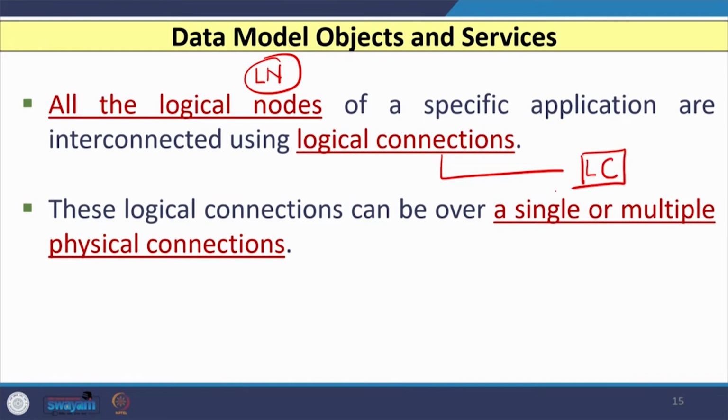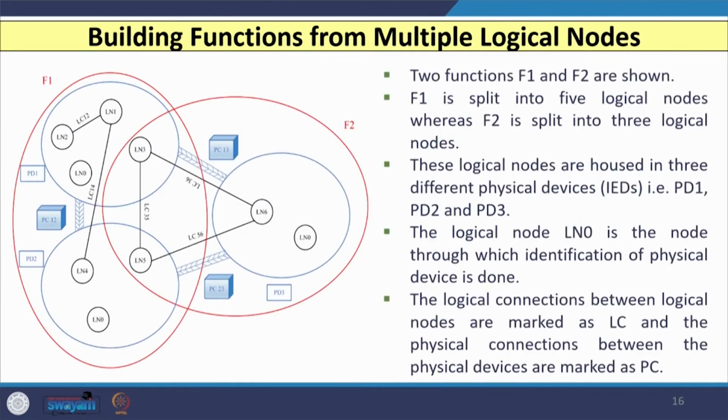So, LC means a logical connection between two logical nodes. These logical connections can be either in a single IED or over multiple physical connections, that is also possible. Now, to understand this, let us consider the building of functions from multiple logical nodes.